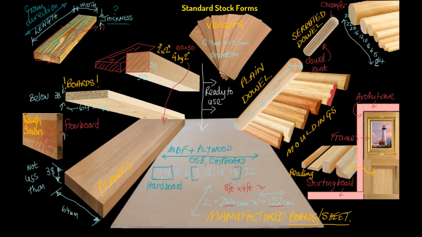Another way to buy your wood is to have it planed both sides. So remember, that is making two surfaces very smooth by putting it through a planer. Therefore you can see here that this side would be smooth, this other side would be smooth, but the edges will still be left rough sawn, and you can cut that off yourself.